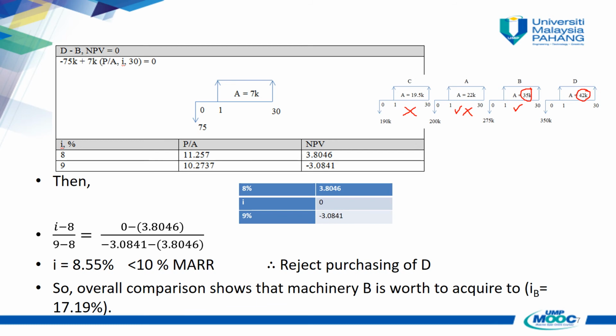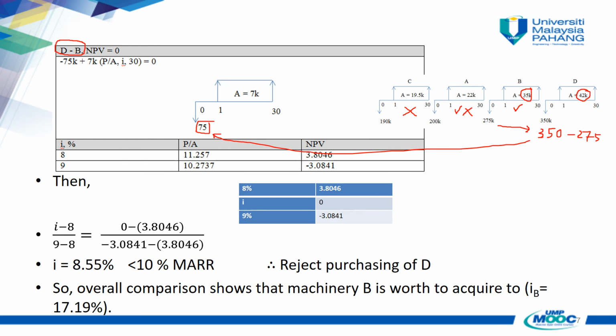So in our case here, we directly know the equation should be D minus B. D minus B, 350 minus 275, this is our P, will become a new 75,000.